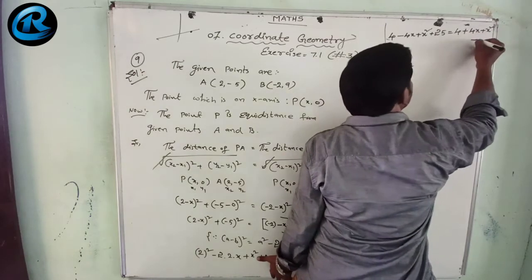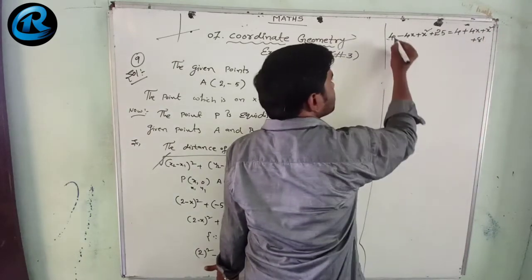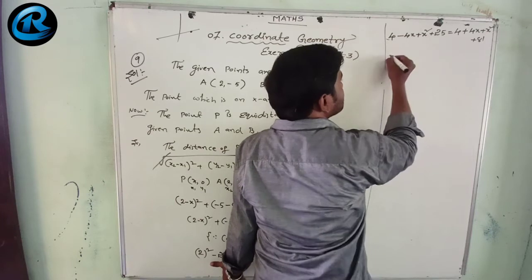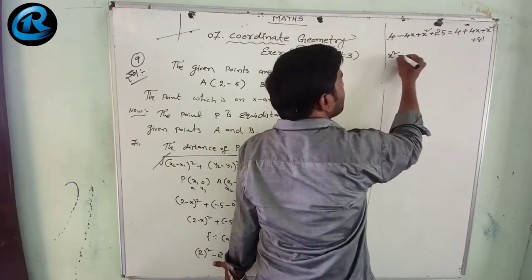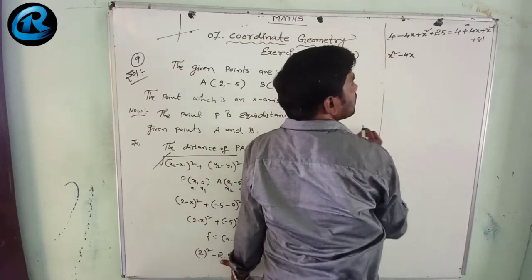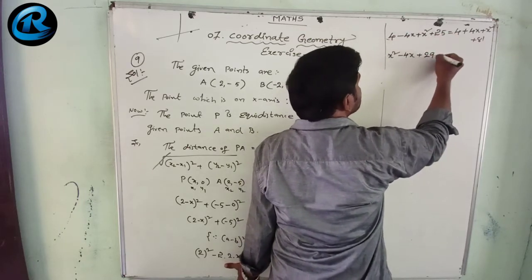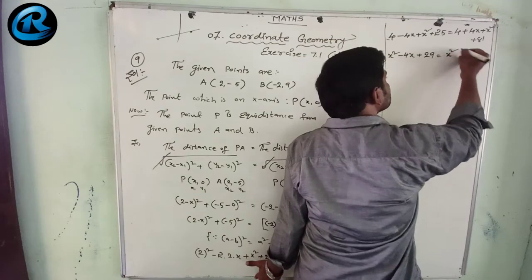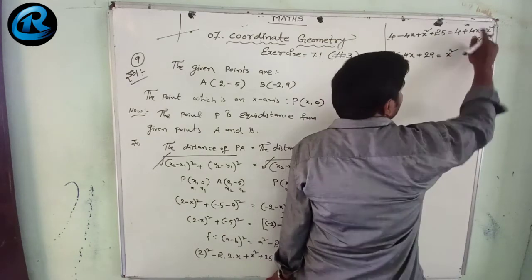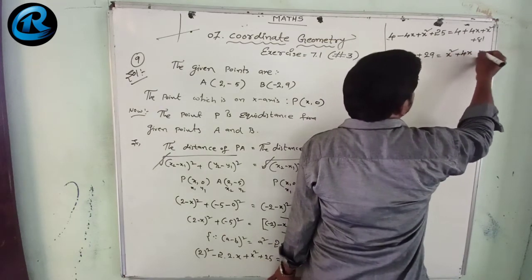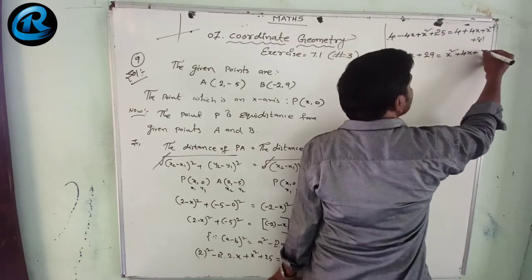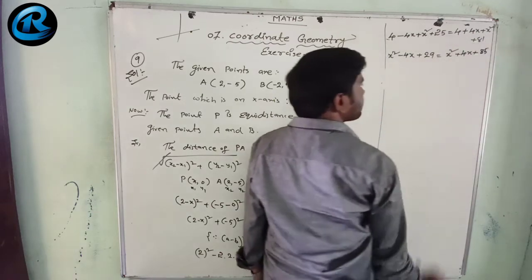Now we write the x square term first: x square minus 4x, and 4 plus 25 is 29, equal to x square plus 4x plus 4 plus 81, that is 85.